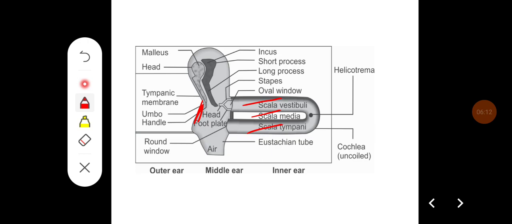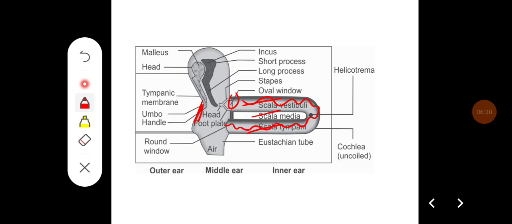Scala vestibuli continues with the scala tympani at the helicotrema. So whenever sound waves fall on the oval window, the sound waves produce vibration in the scala vestibuli, which comes back through scala tympani.